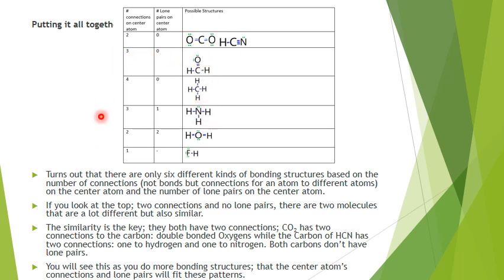This one and this one are similar. They both have 3 connections, but this one has lone pairs. Then we had another situation like water, where it had 2 bonds and 2 lone pairs, which looks like this up here, but up here didn't have the lone pairs and this did.